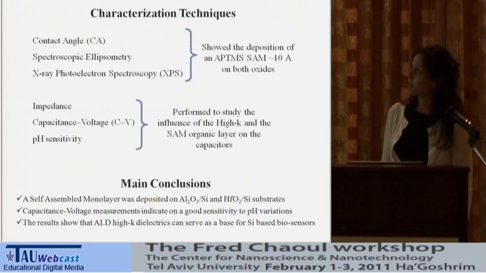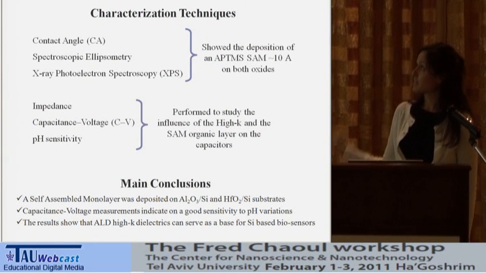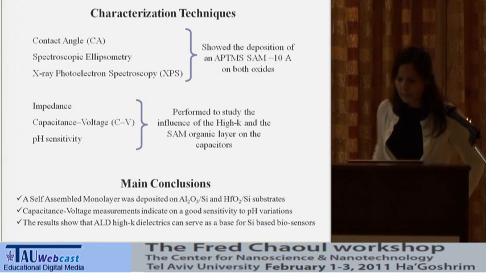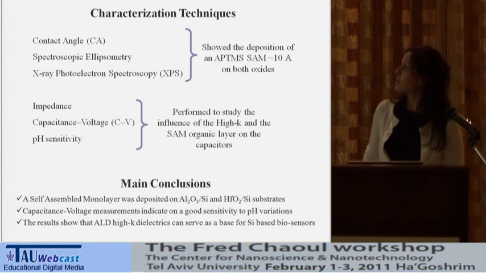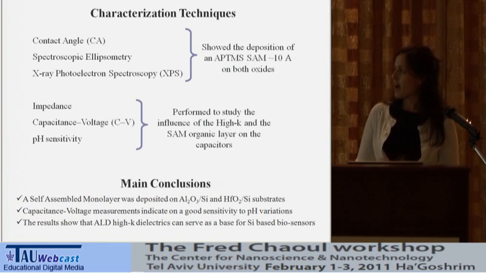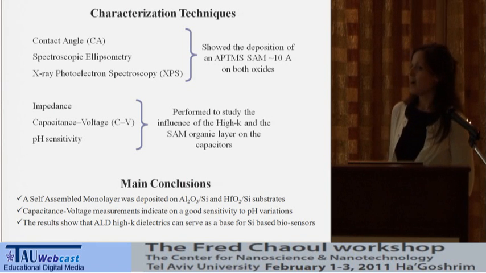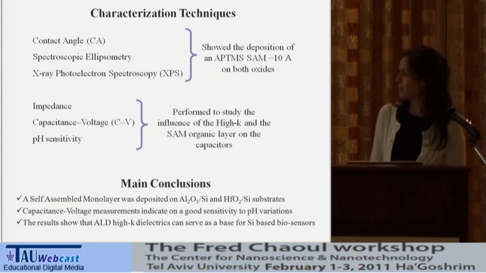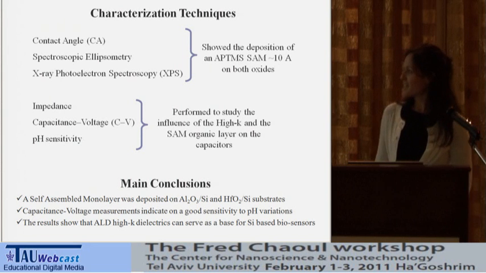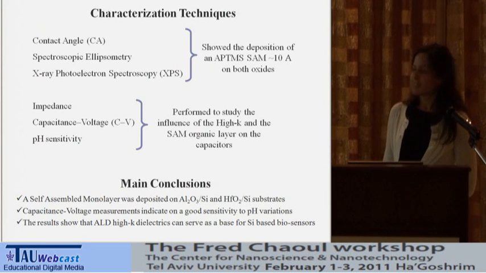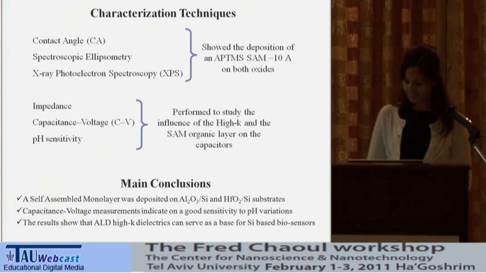All the above techniques were done to characterize the films and all showed the presence of a self-assembled monolayer up to 10 angstroms. And actually the main conclusion, the last one: all the results show that atomic layer deposited self-assembled high-K dielectrics can serve as a base for silicon-based biosensors.